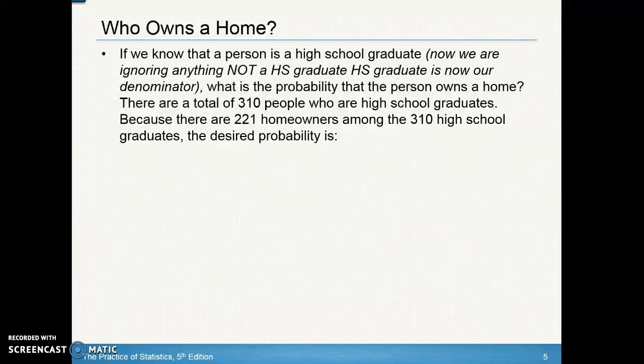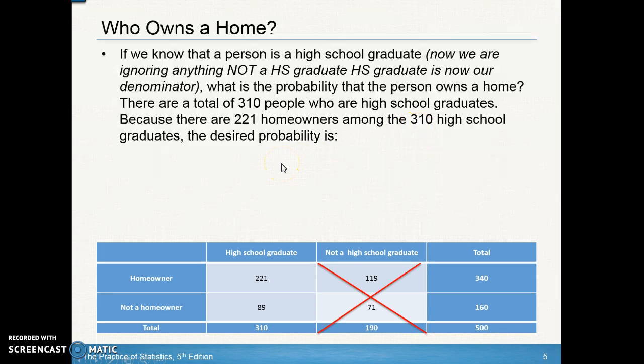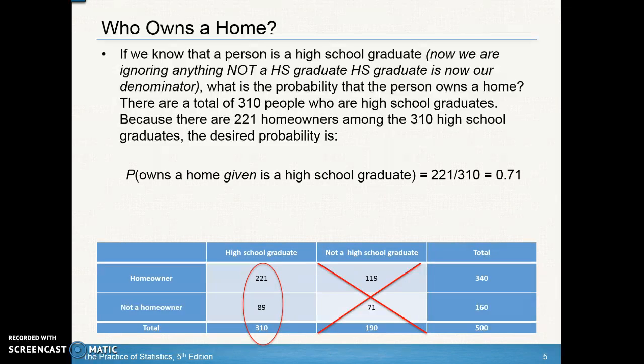All right, so if we know that a person is a high school graduate, we ignore anything that's not a high school graduate. High school graduate is now our denominator. What's the probability that the person owns a home? Because there were a total of 310 people who were high school graduates, and 221 homeowners among those 310 high school graduates, the probability that they own a home given they're a high school graduate is 221 out of 310.